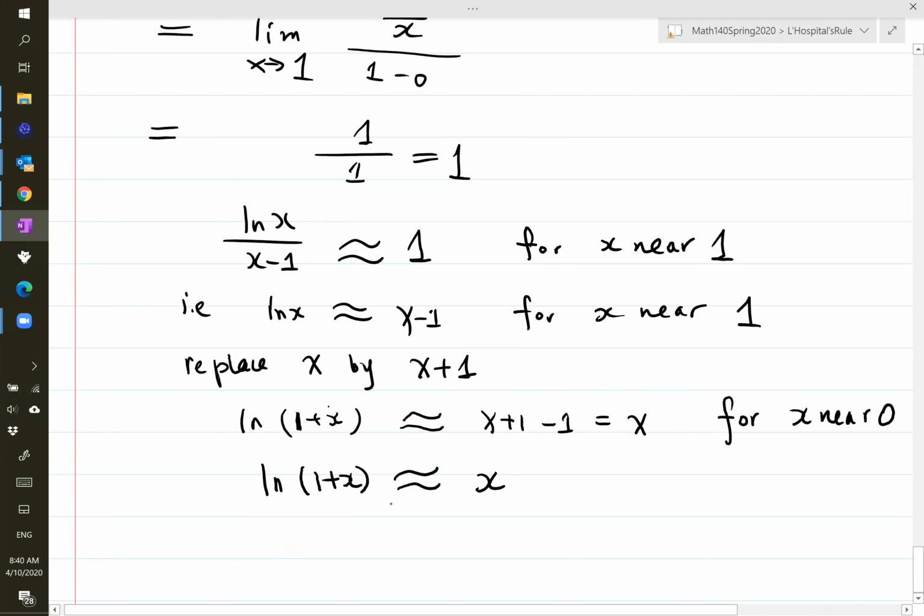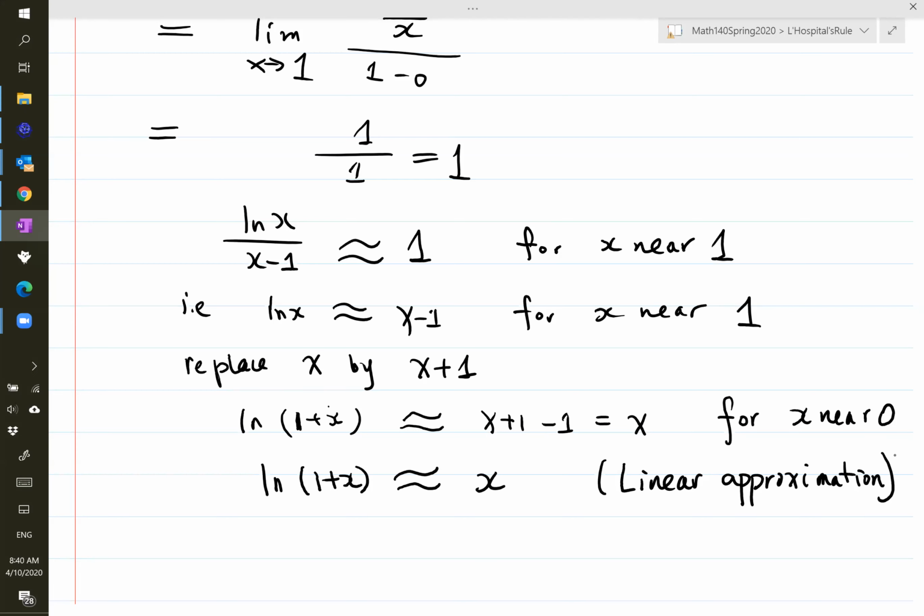Now you may ask, do we have a higher order approximation? The right side is simply degree 1, so it's a linear approximation. This is exactly the form of linear approximation applied to the function ln 1 plus x. Do we have a better approximation than simply linear approximation?